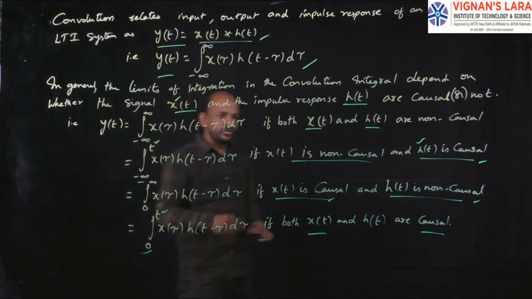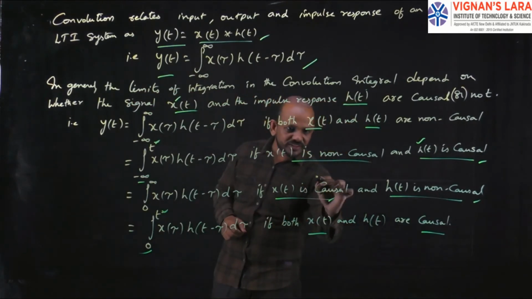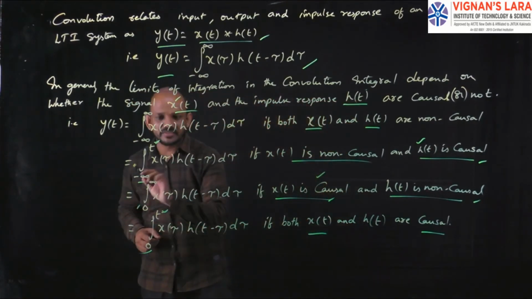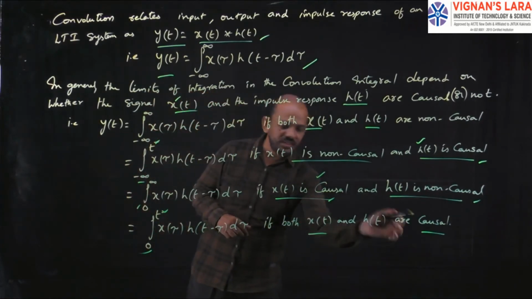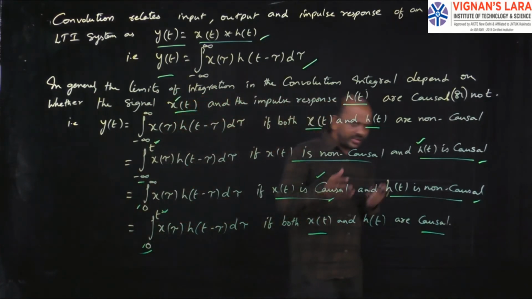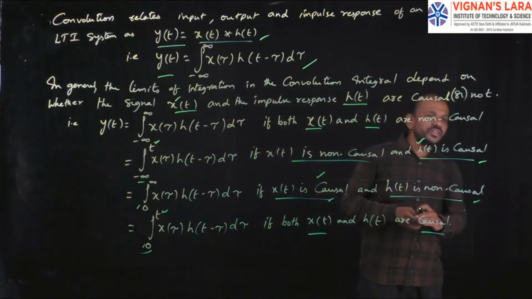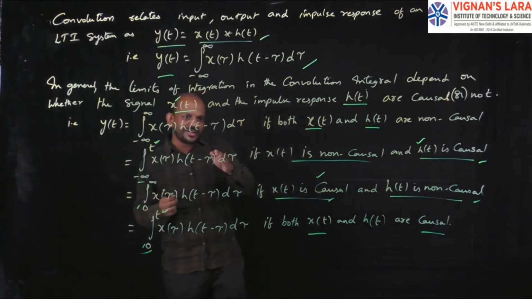Now x of t is also causal. If x of t is causal, the lower limit is 0, because a causal signal is the one which will be available only for positive t, that is for t greater than 0.